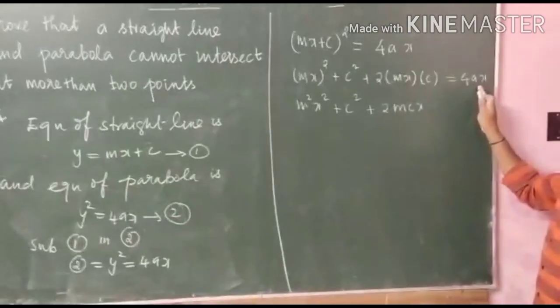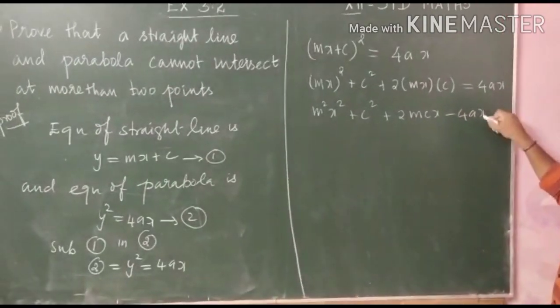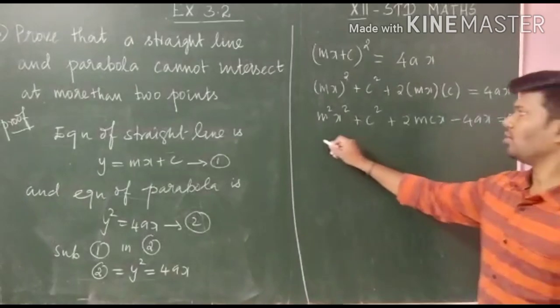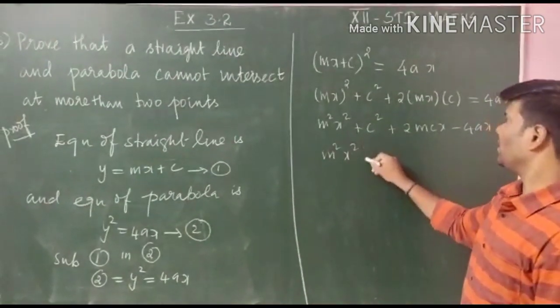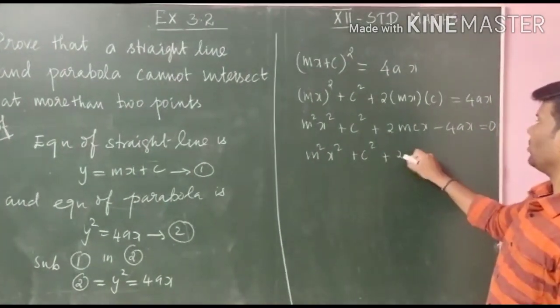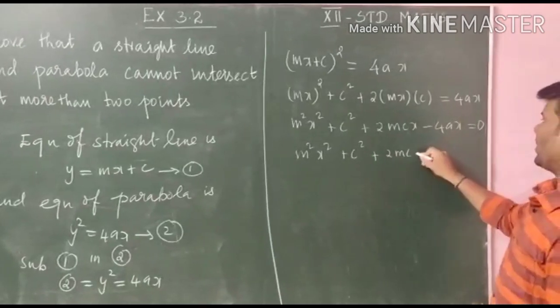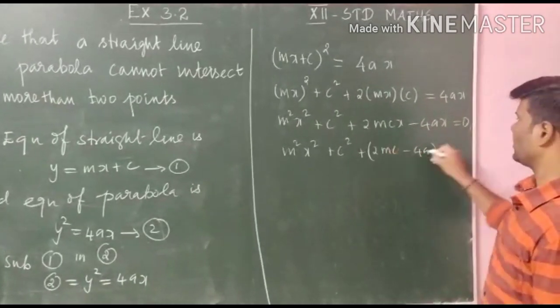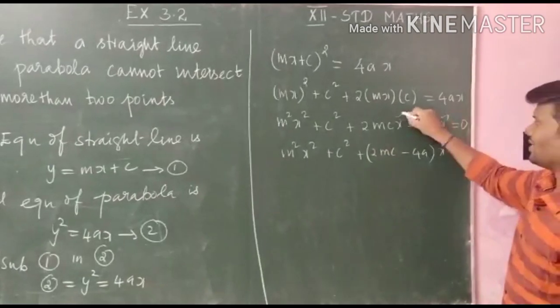When you take this 4ax to the left hand side, it is minus 4ax equal to 0. So m square x square plus c square plus 2mc minus 4a into x. Here I have taken x as common.